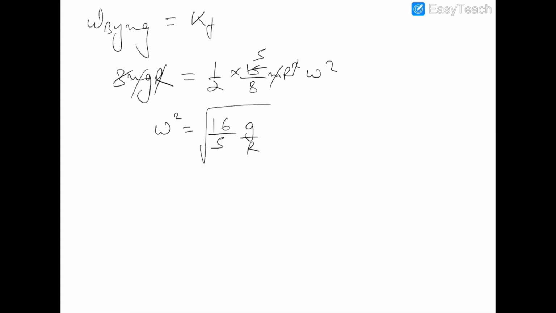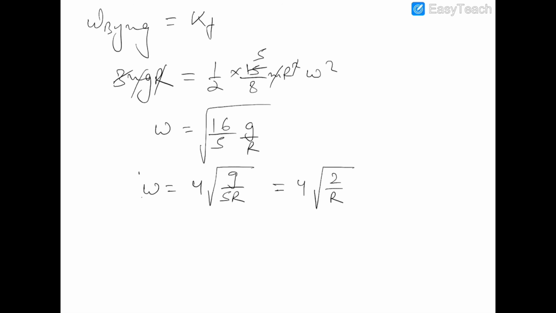So omega, in fact this is omega. So omega will be equal to 4 under root g by 5r, and you can substitute the value of g as 10. So 10 by 5 is 2, and the value of r will be substituted afterwards.